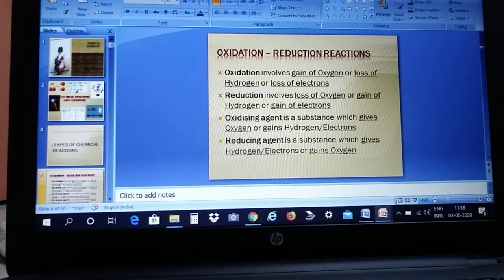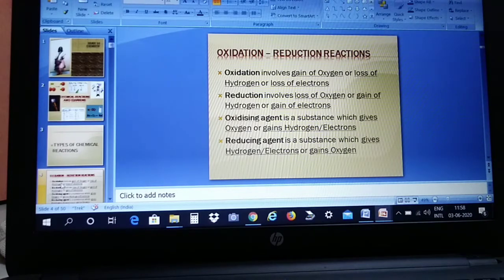According to your knowledge, oxidation involves gain of oxygen or loss of hydrogen or loss of electrons. Reduction involves loss of oxygen or gain of hydrogen or gain of electrons. An oxidizing agent is a substance which gives oxygen or gains hydrogen or gains electrons.